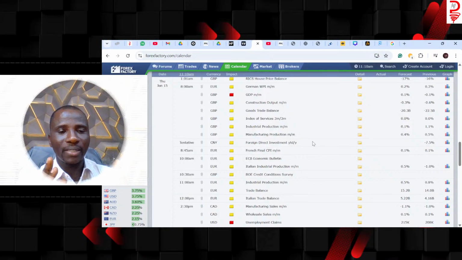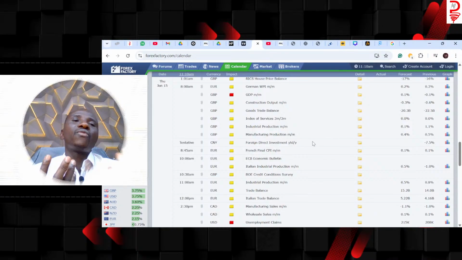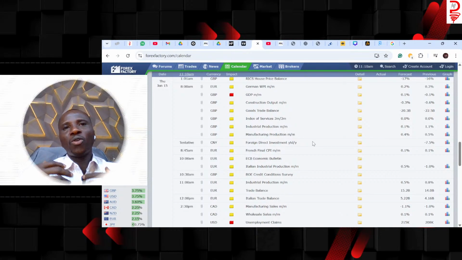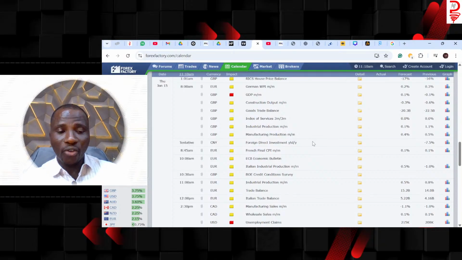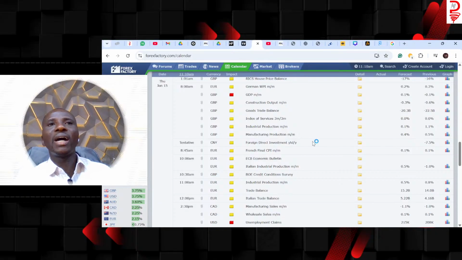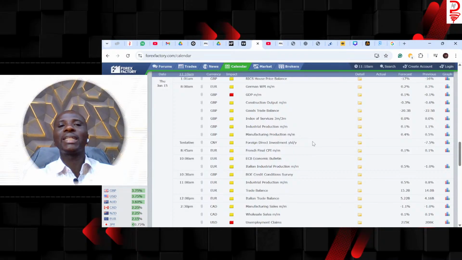It's very important. If you have enough time, you might overview where the interest rate is coming from, and you might follow up to say when is the next period for interest rate decision. This is very important, and when we come to our fundamental analysis, we have narrowed our analysis down to interest rate position.